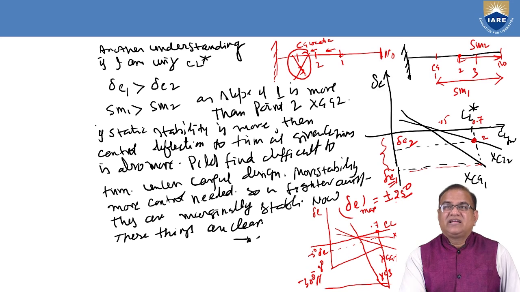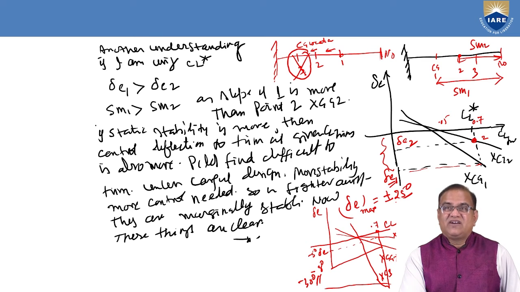So the point where the required elevator deflection is more than the maximum permitted elevator deflection, from that point onwards we cannot use that location of the center of gravity.